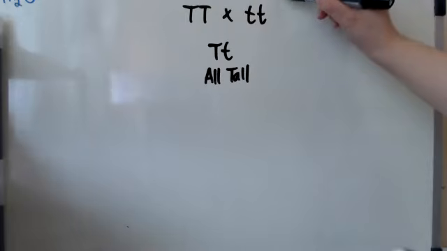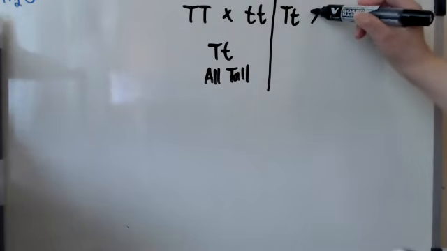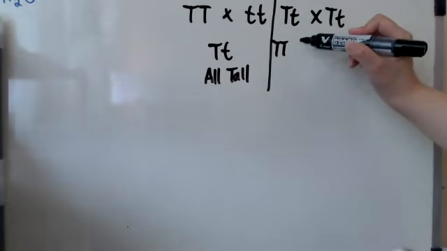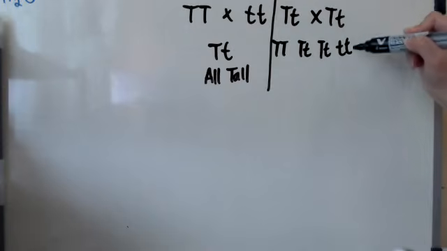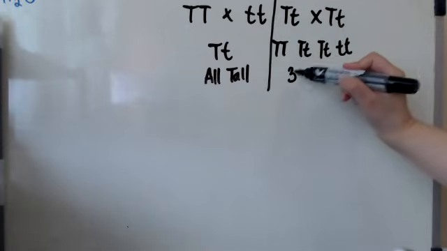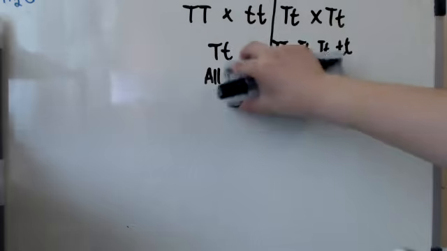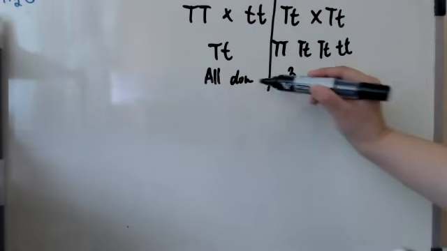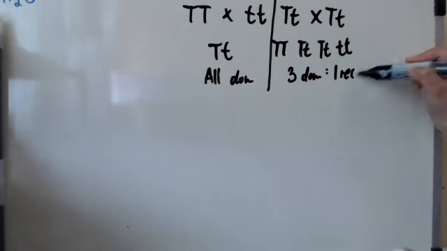This is the first one. The second one is when you have a heterozygous crossed with heterozygous. You end up with TT, Tt, Tt, tt, like that. So this is 3 dominant, or I'll just write this as a dominant trait. All dominant trait. While this one, 3 dominant trait is to 1 recessive trait.